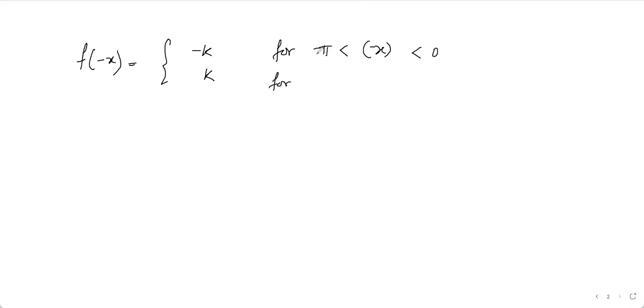Now, first, let us check whether the given function is an odd function or an even function. Suppose we put f of minus x here. Now, if you look at that, the interval changes. So this is minus k, and this is k, for minus pi less than minus x less than 0, and this is for 0 less than minus x less than pi.